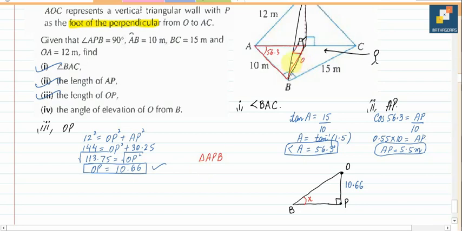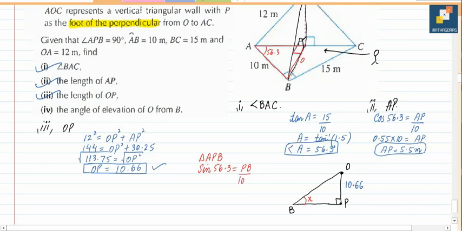So opposite and hypotenuse, that means I need to apply sine here, right? So it will be sin 56.3 equals opposite, that is the value of PB, divided by hypotenuse.